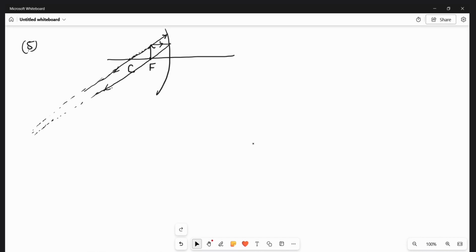In the next case, it will not meet at all. That's why we say it will not. The image is not formed at infinity. It is a virtual image out there. Okay. So object at F, the image is formed at infinity.